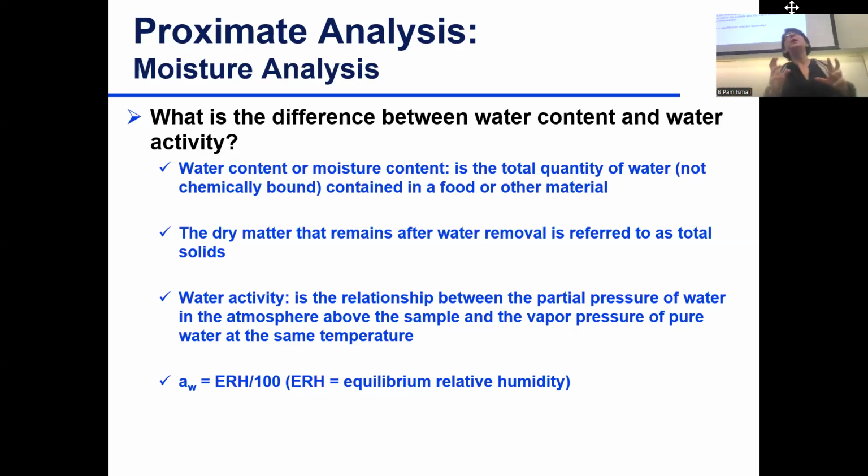And there is no way we can remove all of the water, because some water is bound tightly, not chemically like covalently, but tightly. That's why we call it proximate. We can never get the 100% moisture out. It never happens.